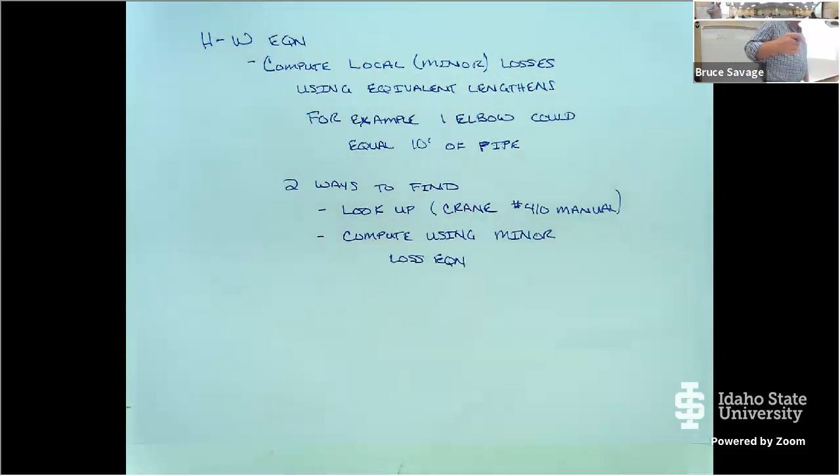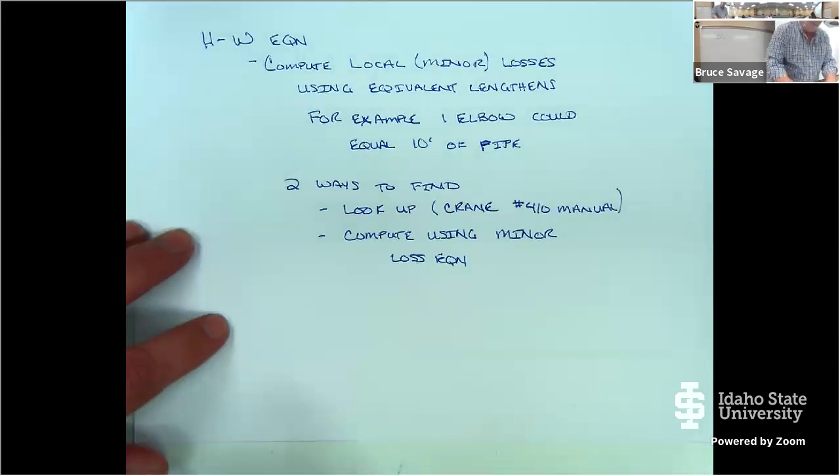So we go back and look at what they compute, and they've got tables and charts based on the radius versus the diameter, the pipe type, and everything. The second way to do it is to go back to the minor loss equation. We're going to incorporate that when we calculate using the Darcy-Weisbach with the energy equation. But let me show you what it is, because I know you've seen it from fluids.